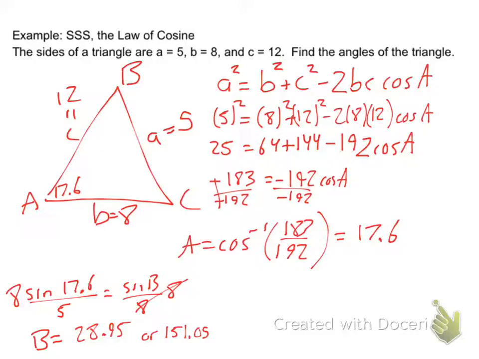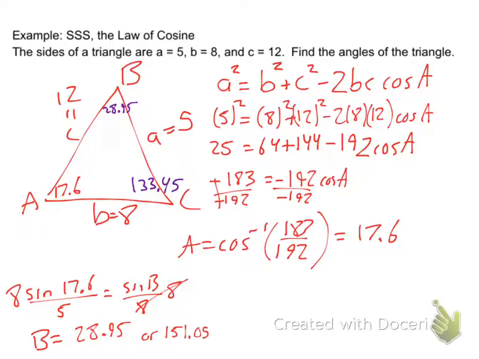If you plug in these values of B, either one, could you find C? So let's do that. I'll change colors so we can color code. If this one is 28.95, what would C have to be? 133.45. I'll change it to green.